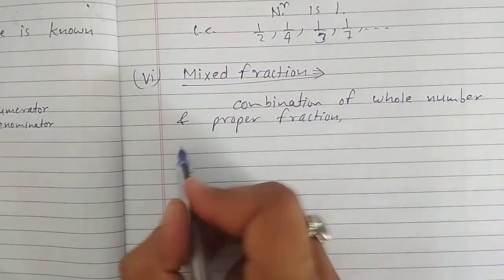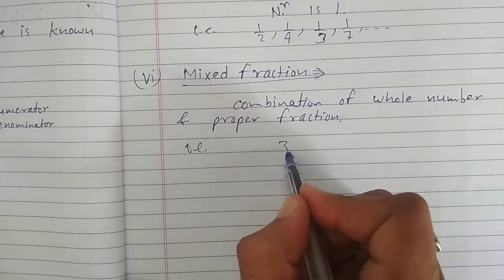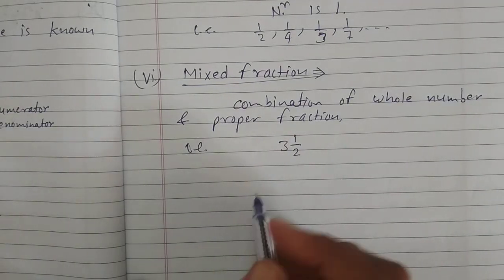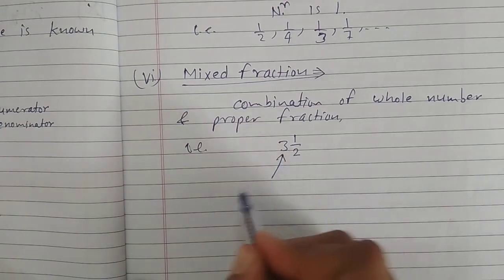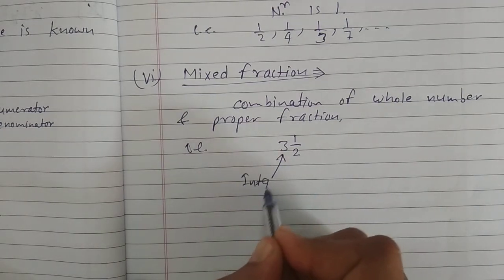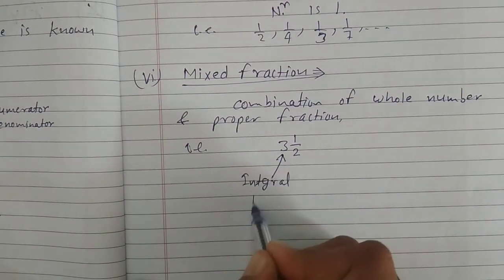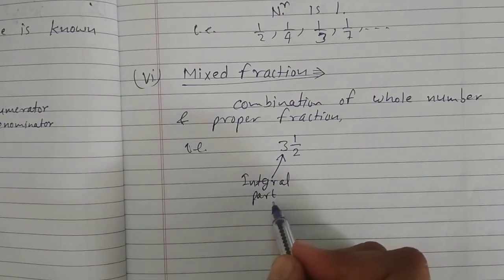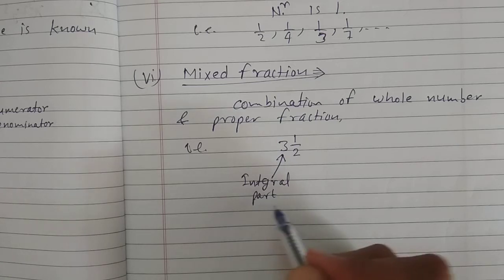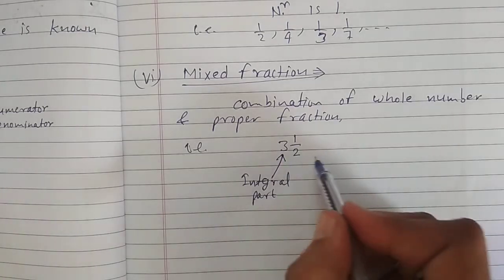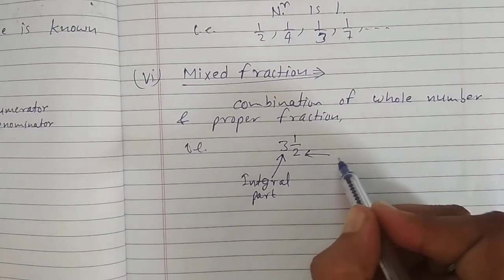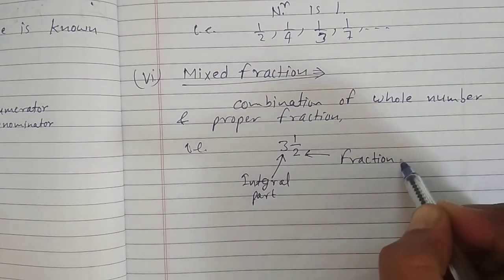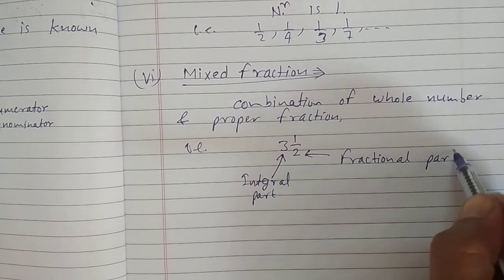For example, 3 and a half. In this fraction, 3 is the integral part, that is the whole part. It is a whole number. And the other one is the fractional part or proper fraction.